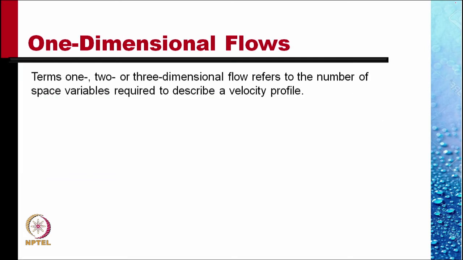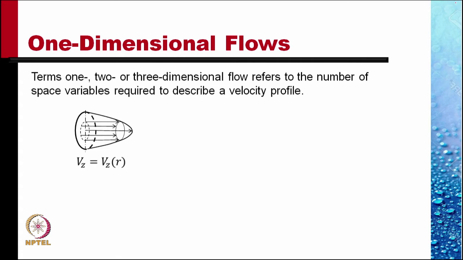The terms 1, 2 or 3-dimensional flow refer to the number of space variables required to describe the velocity profile. This conical shape represents the velocity profile in a pipe, where Vz, the velocity along the z-axis, is a function of r alone.